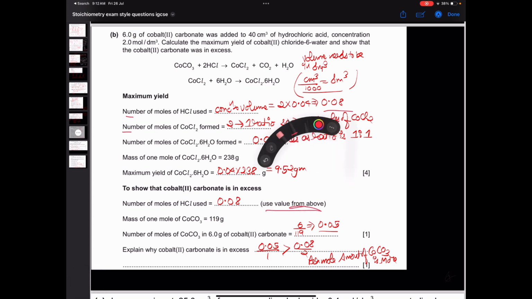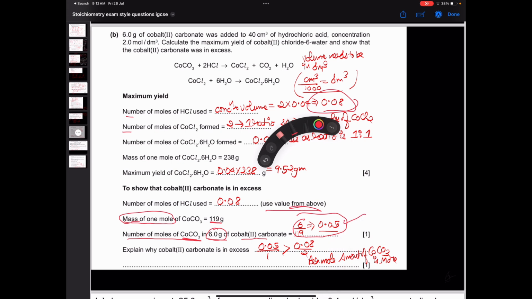Means the same answer, 0.08. Then number of moles of cobalt carbonate in 6 grams of cobalt carbonate. So you have to do this by given mass by molecular mass. Given mass they are already telling you here, 6 grams, and the mass of 1 mole means molecular mass, so that is 119. So I've done 6 over 119, that is 0.05 moles.